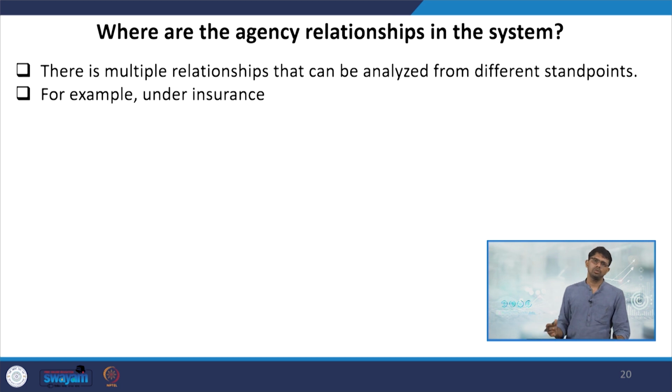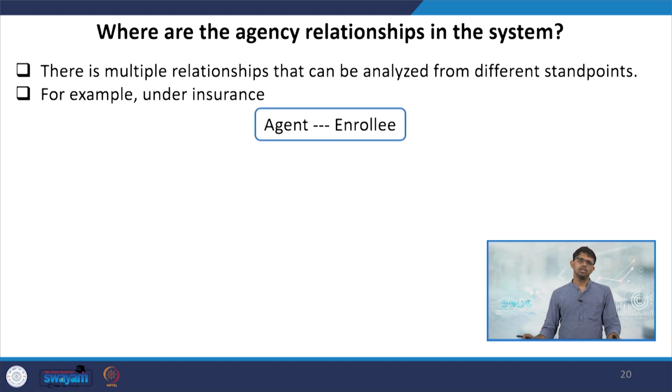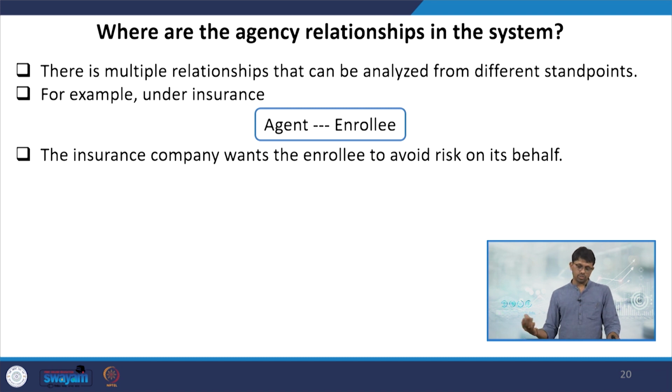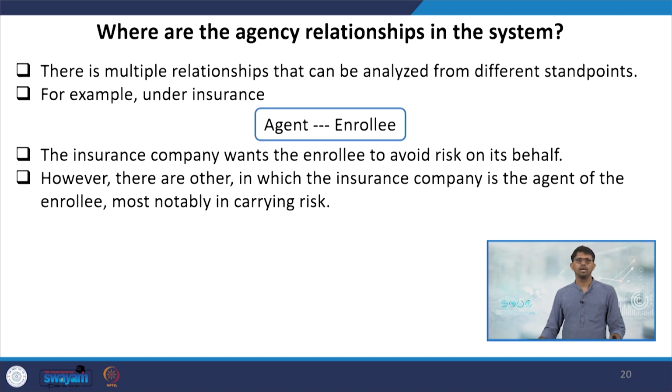So, especially the question is, where are the agency relationships in the system? There are multiple relationships that can be analyzed from different standpoints. Under insurance, we usually consider the agent to be the enrollee, and the insurance company wants the enrollee to avoid risk on its behalf.